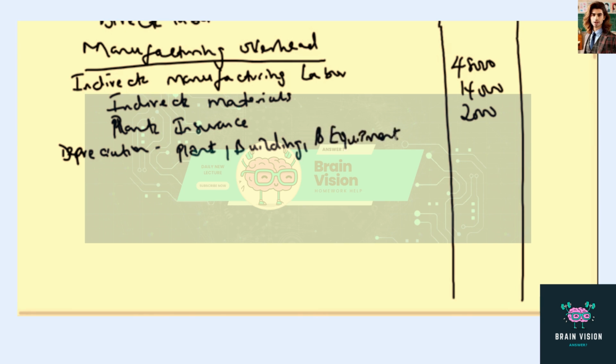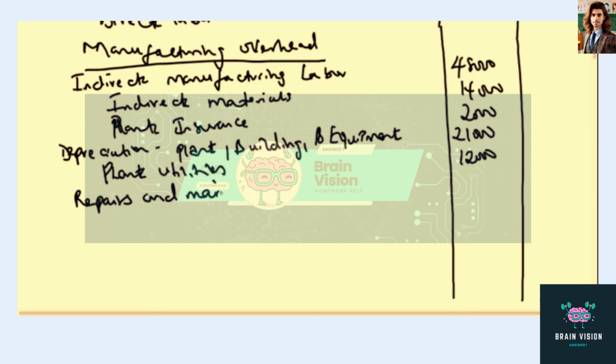And this is 21,000. And then plant utilities, and then this is 12,000. And then repairs and maintenance of plants, and then this is 8,000.